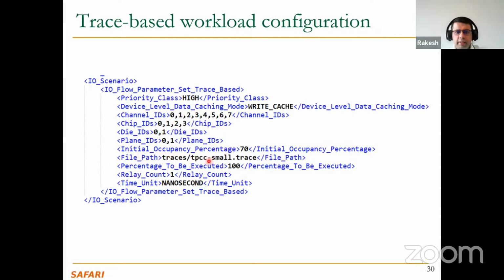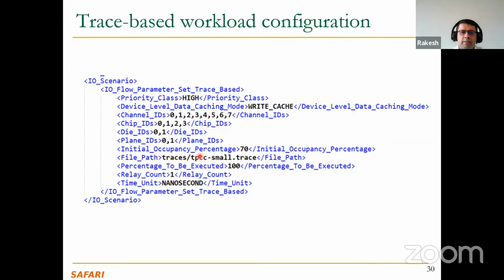And then we look at the initial occupancy percentage, which is 70%. This means that we pre-fill the SSD up to 70%, so that processes like garbage collection can be triggered when we run our experiment. And the file path is an important attribute in this XML file.